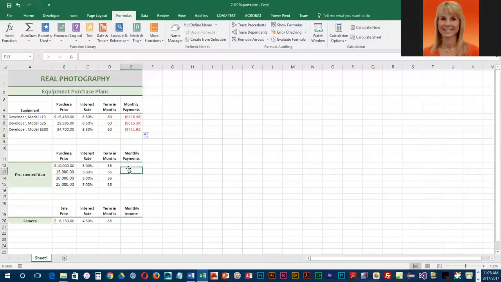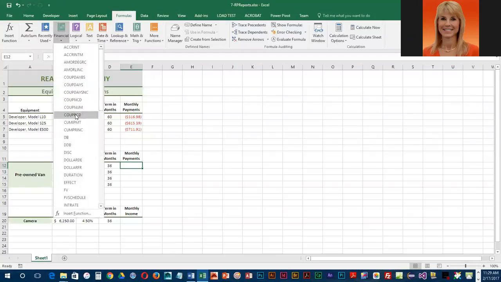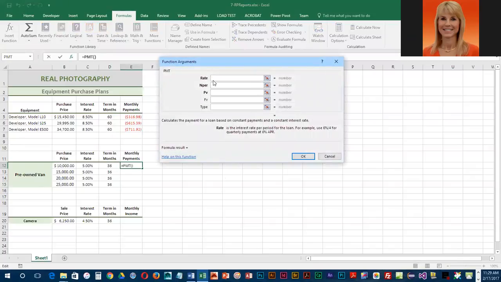So we're going to be entering that payment function again down here in E12. It's going to be very similar to what we just did. So we're going to go into financial, scroll down, and select payment. And again, we need the rate. And it is a yearly rate. So we're going to click on it and divide it by 12. We're going to click in the number of periods.